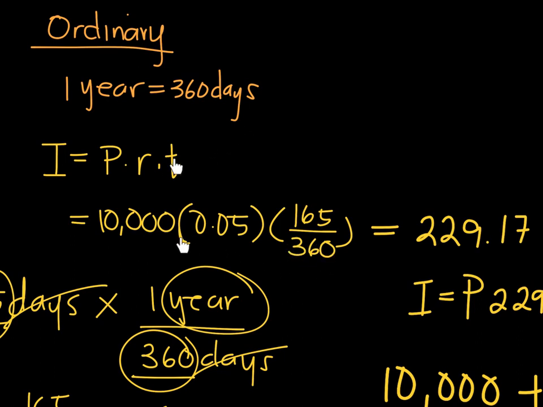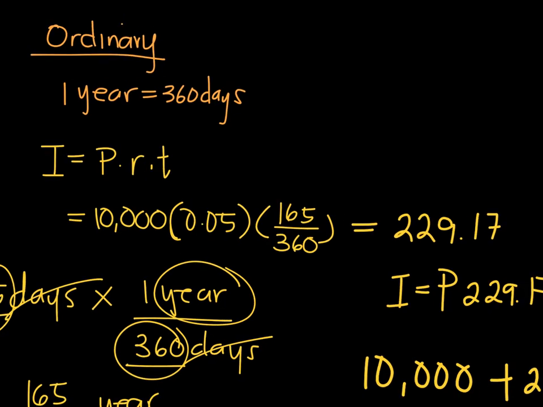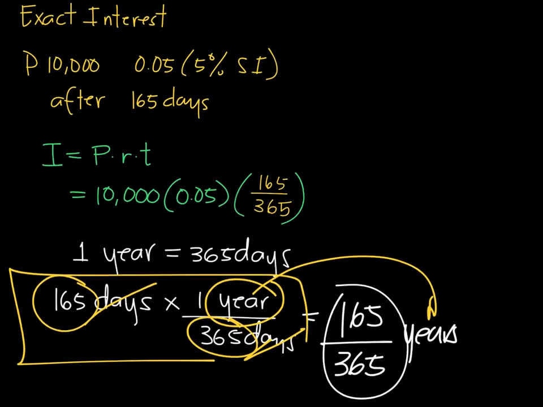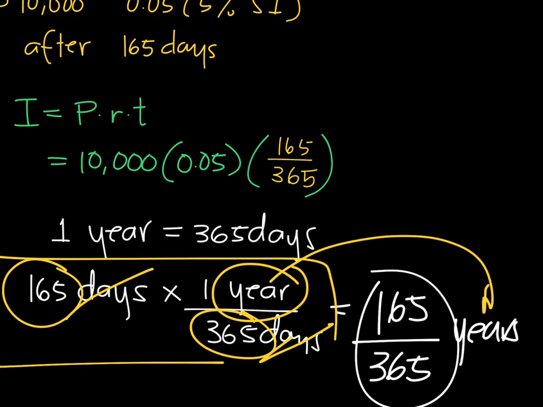In the exact interest, we have to use 365 days because that is the conversion for the exact interest. The days is 165 over 365. And again, make use of your calculator and compute for the exact value.